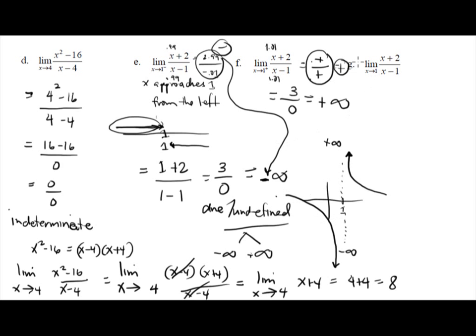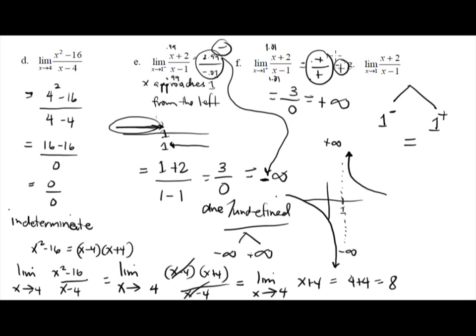Now, in letter G, you still have x plus 2 over x minus 1, but this x is approaching 1. If you recall, in finding the limit as x approaches a number, you have to check the limit as x approaches 1 from the left and the limit as x approaches 1 from the right. If the values are the same, then that will be the limit as x approaches that number.